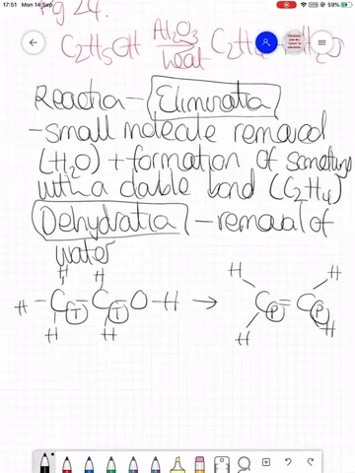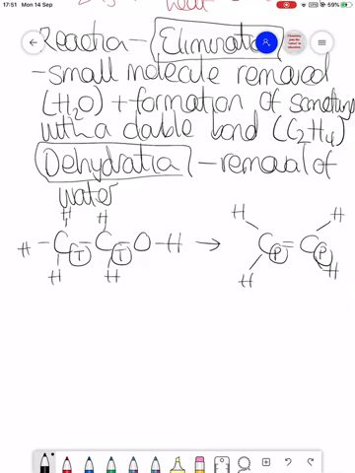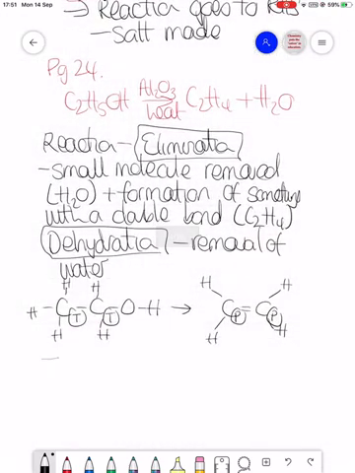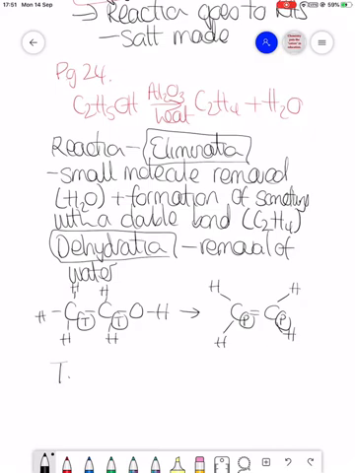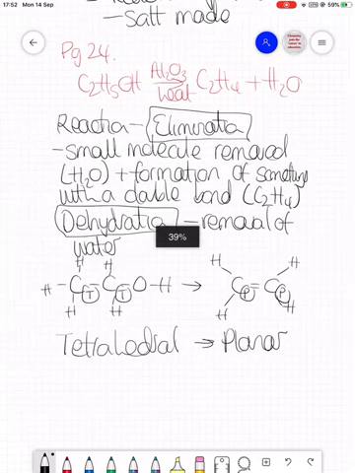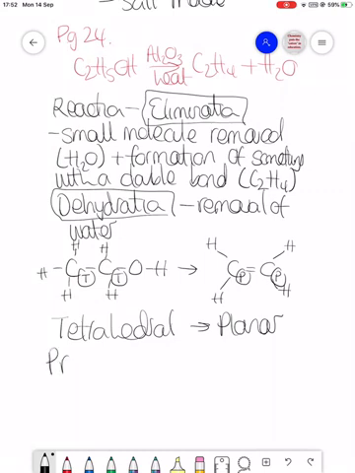So that is our change in geometry. It goes from tetrahedral, the joy being left-handed, goes from tetrahedral to planar. And we've seen this particular reaction in the production of ethene.